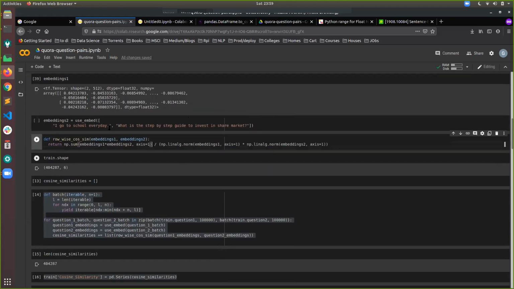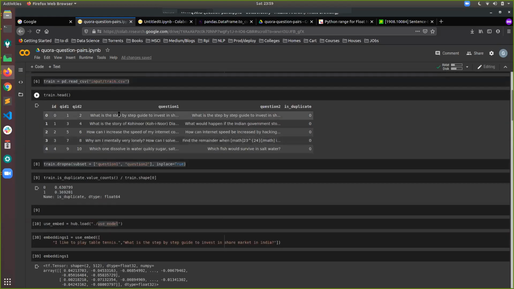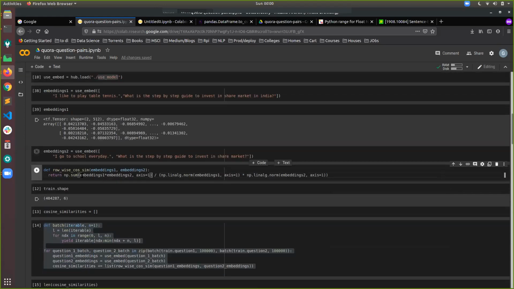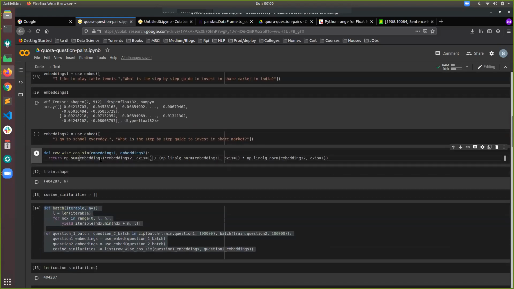Then I wrote a function. Now I would have vectors for each question 1 and question 2, and I want to take a row wise dot product, row wise cosine similarity of the questions, right? So I wrote a function where I do just that.